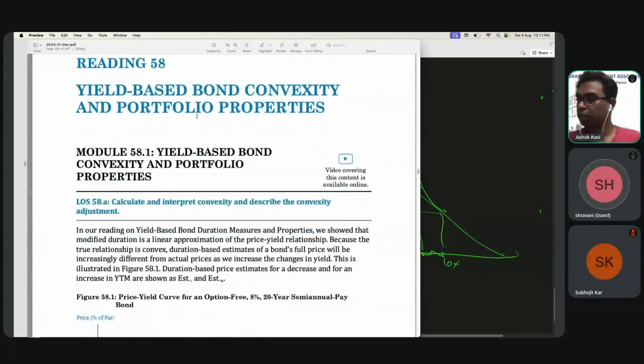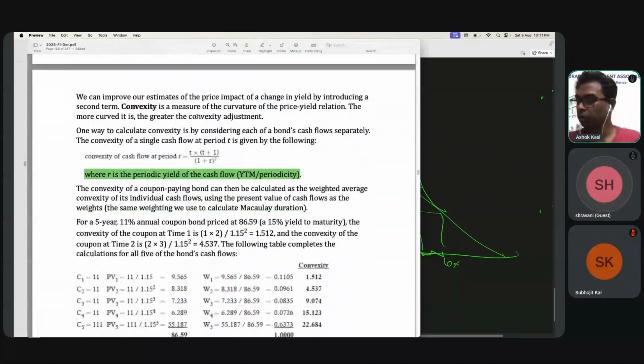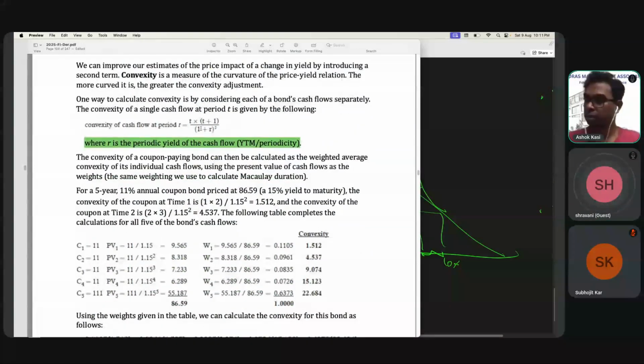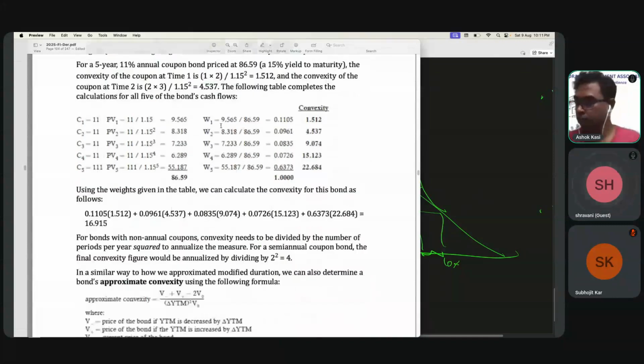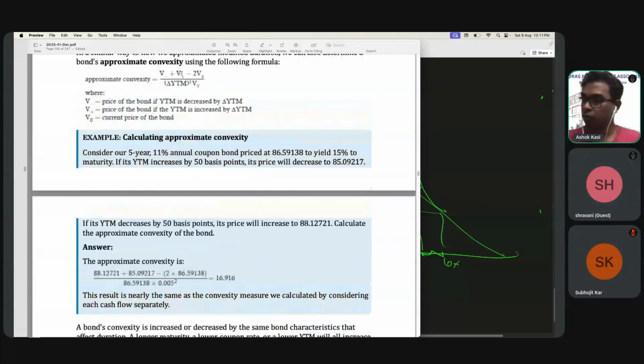Reading 58 now. This is all repetition now. This we have already done, right? Convexity. So I'm just running fast now. Convexity is just the formula. This formula is what we did, right?